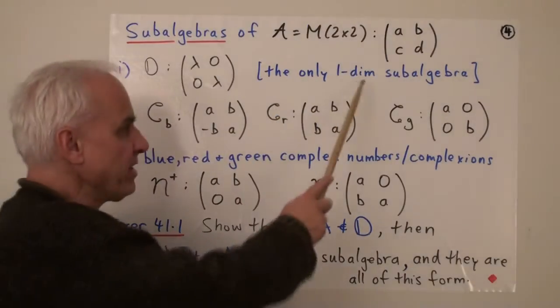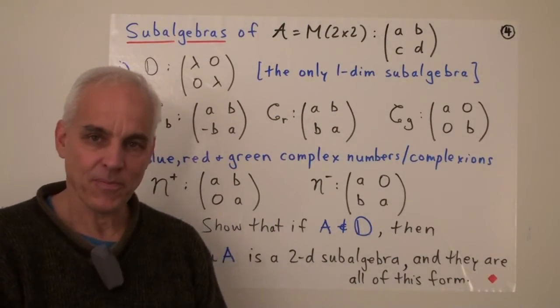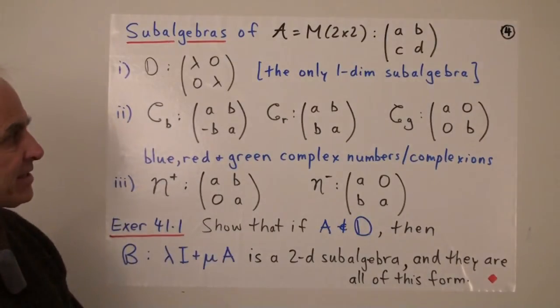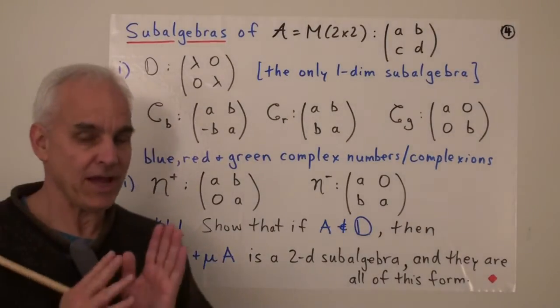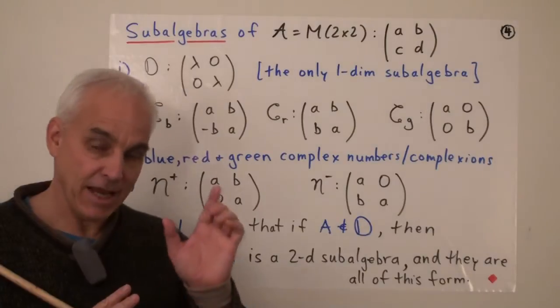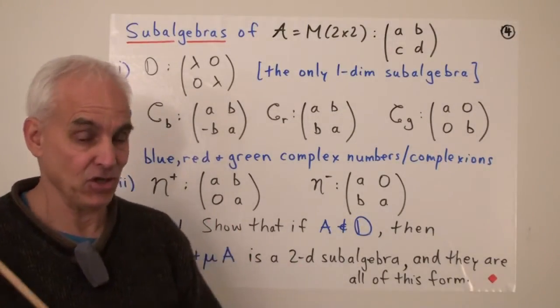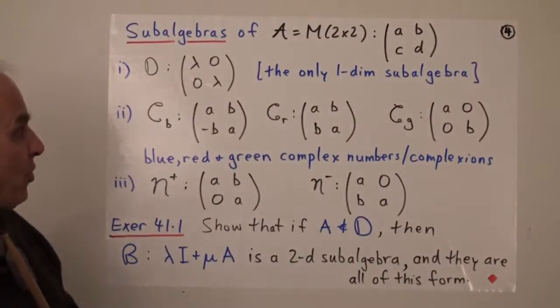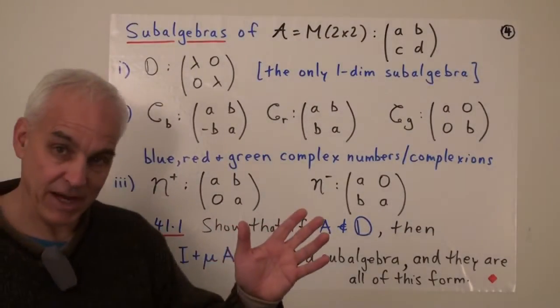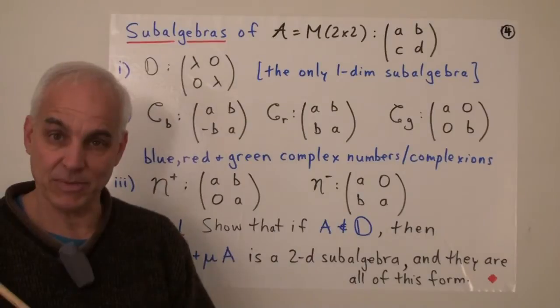The only one-dimensional subalgebra consists of multiples of the identity matrix. Because the identity matrix has to be in a subalgebra. We've agreed by convention that that's going to be true. And so, since we have a linear subspace, it has to be closed under scalar multiplication.